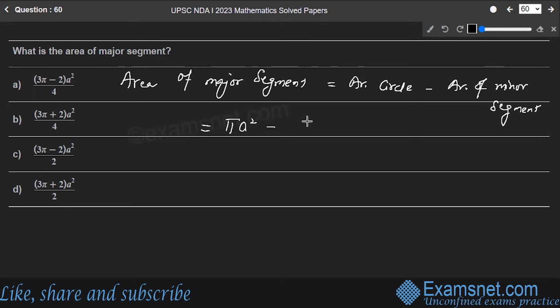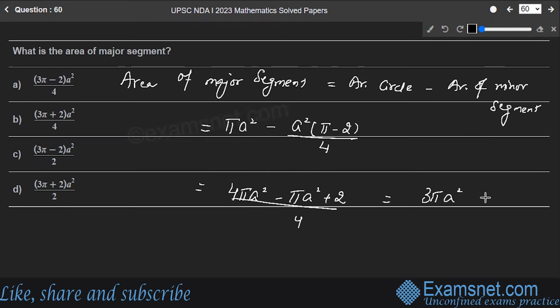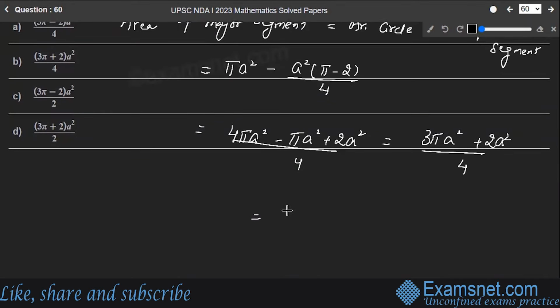Area of the minor segment in the last question we found out that is a square into pi minus 2 upon 4. So this will be 4 pi a square minus pi a square plus 2 a square upon 4, which will give you 3 pi a square plus 2 upon 4. So I think we got our answer. Sorry, here I missed a square. So this is, let's take a square common, a square into 3 pi plus 2 upon 4. Right? That is option B.